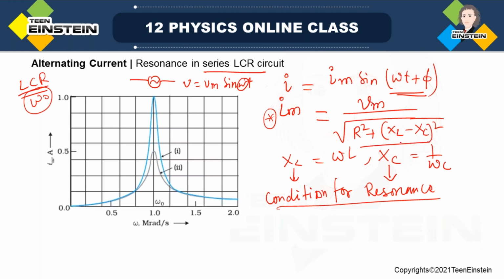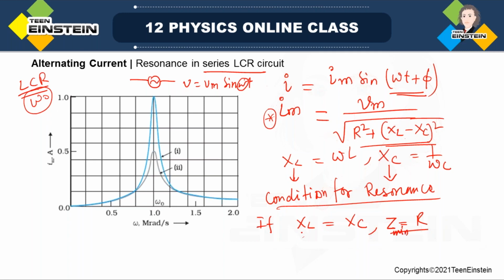Current. So let us see how this current can be maximum. If current has to be maximum, then this denominator has to be minimum. How is it possible? One way is if XL is equal to XC, that means this term becomes 0. Then your impedance Z will be simply the resistance. That means your impedance is minimum.